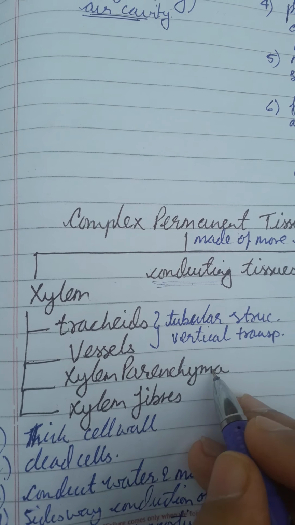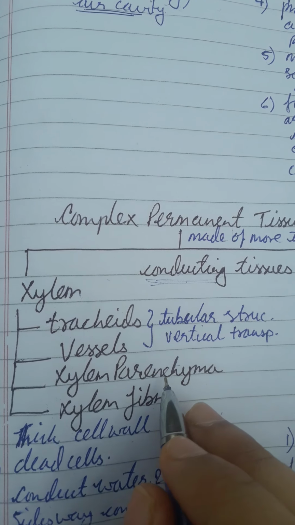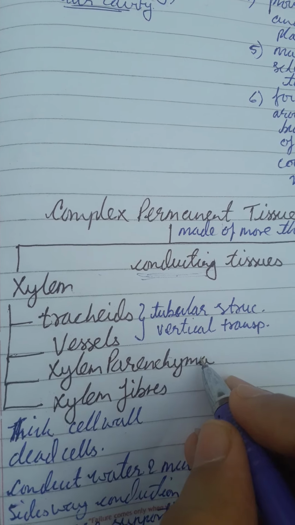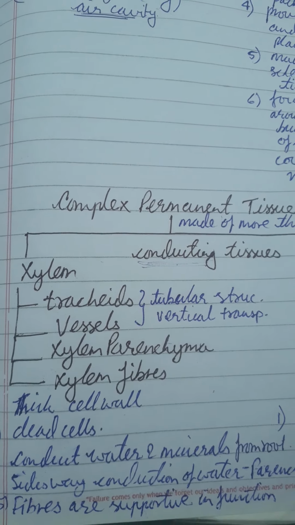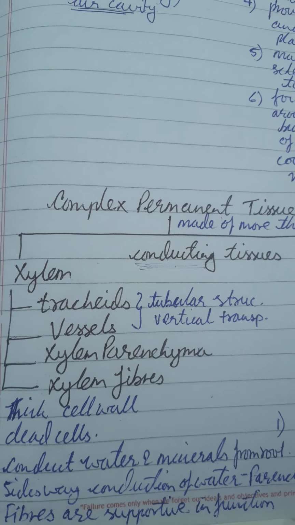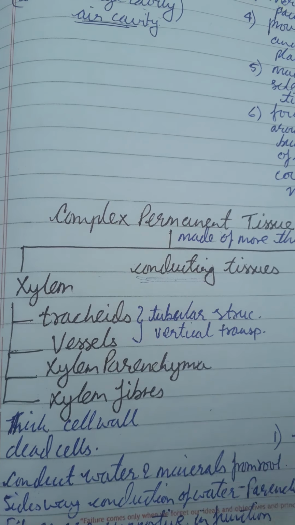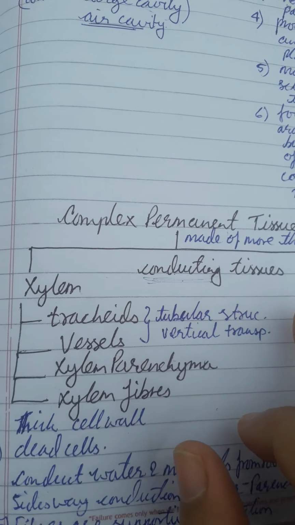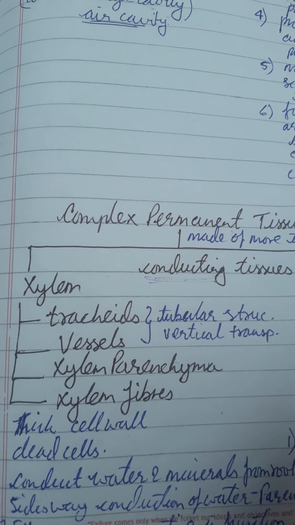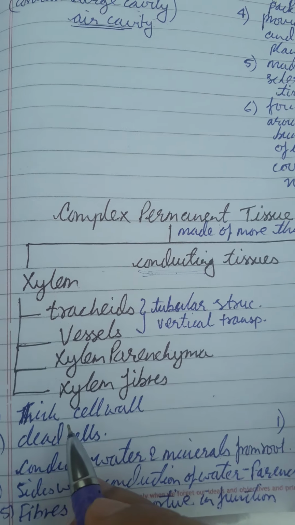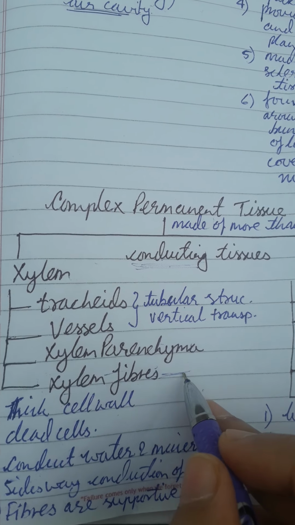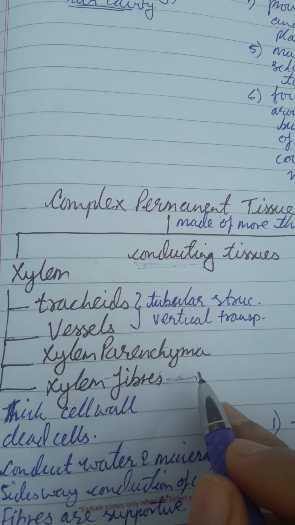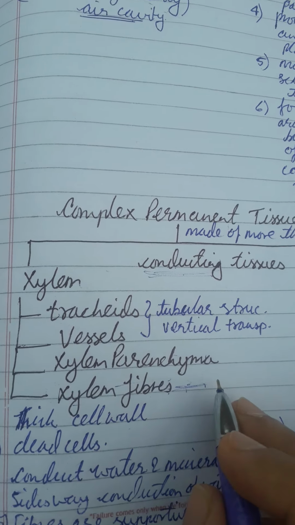And the parenchyma cells help in the distribution of water and minerals in the sideways direction. The fibers help in just supporting the plant. They give extra support to the plant.